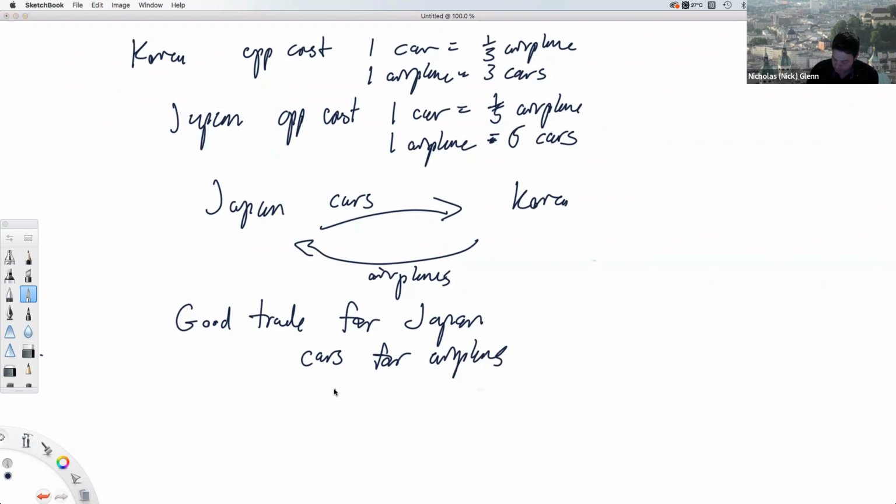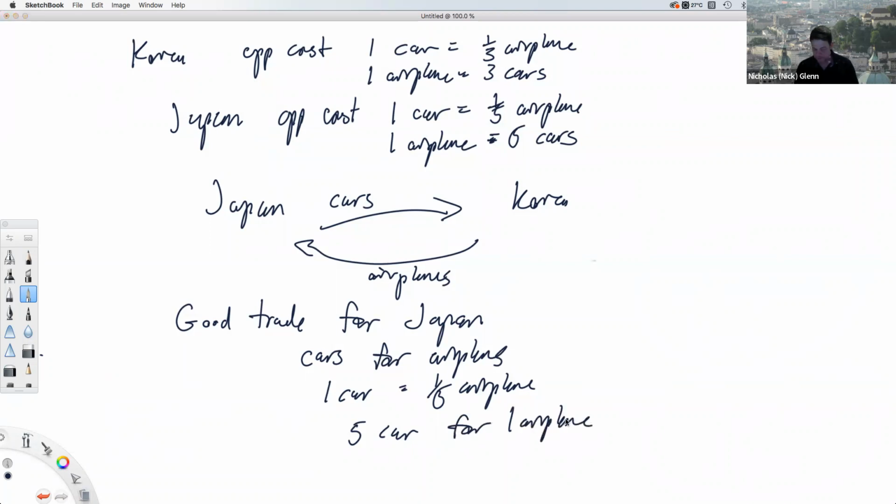If they produce one car, they're giving up 1/5 of an airplane. So if they produce 5 cars, let's get this in complete numbers, they could give up producing 5 cars and produce 1 airplane. So since they can do this, they're going to need to get an amount greater than 1 airplane for it to be worth their while to trade to Korea.